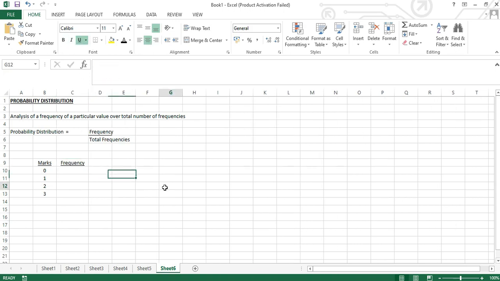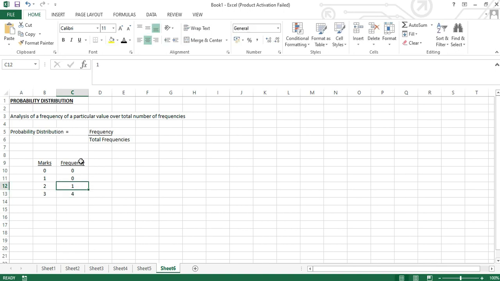That means how many students had got 0 marks. If 3 students got 0 marks, then we put 3 here. But for this, I'm going to put 0 students got 0 marks. 0 students got 1 mark. But 1 student got 2 marks. And 4 students got 3 marks.